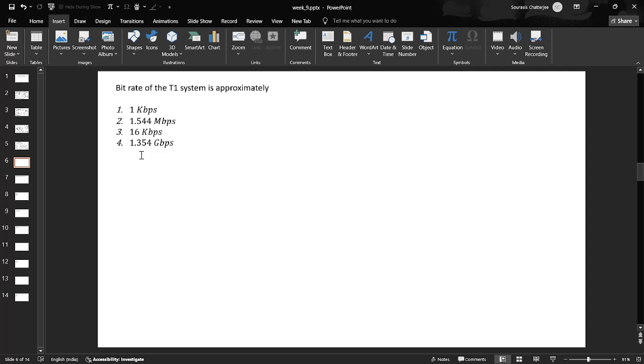For this question we need to have a bit of an idea of what a T1 system is. It used to be quite popular. Nowadays we may not have heard of it, but a T1 system is a telephony system.